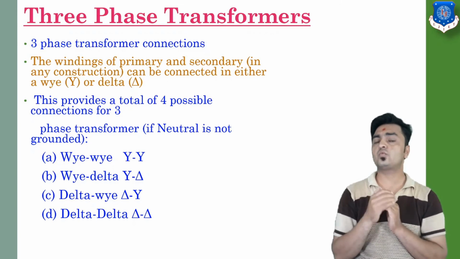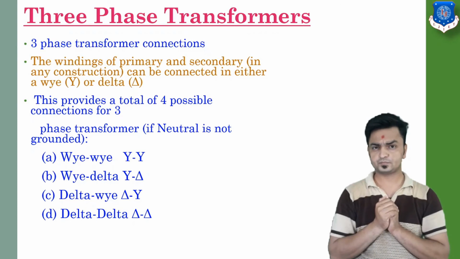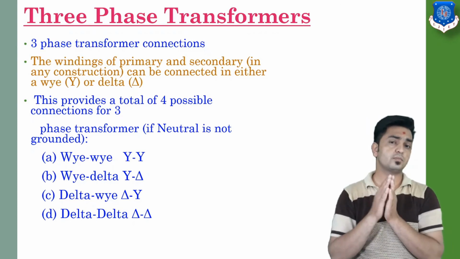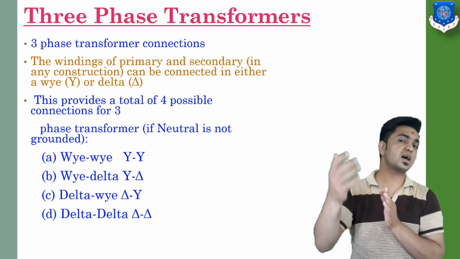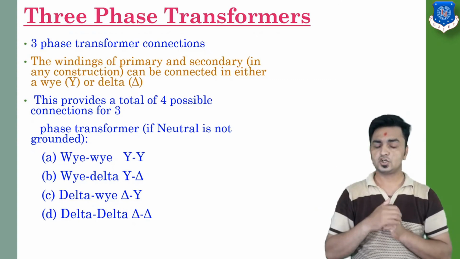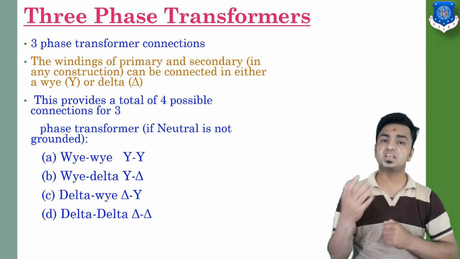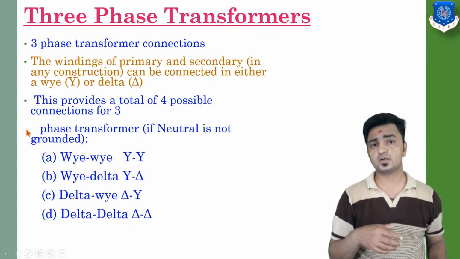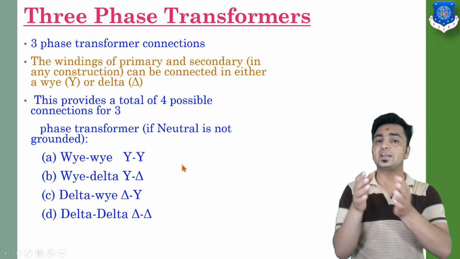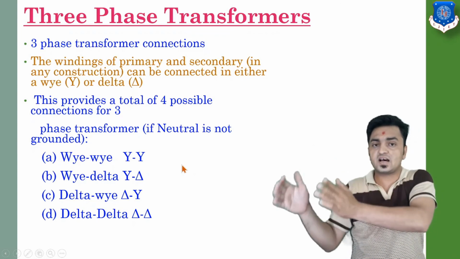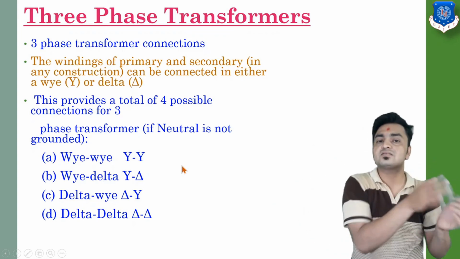And as we discussed in our previous slide, we can connect primary and secondary in star connection or delta connection. So based on various types of connection, we can have different types of three-phase transformer. As an example, first, we can connect the primary side in star connection and the secondary side again in star connection.